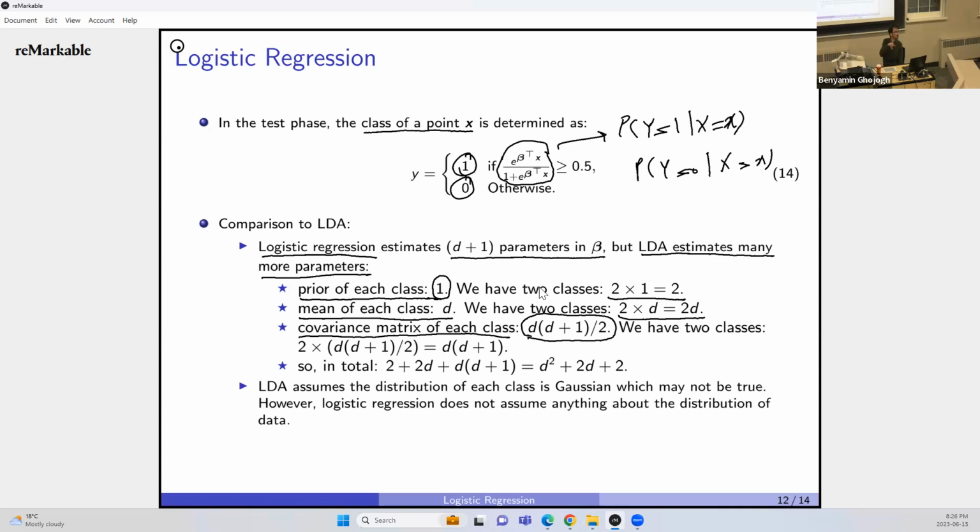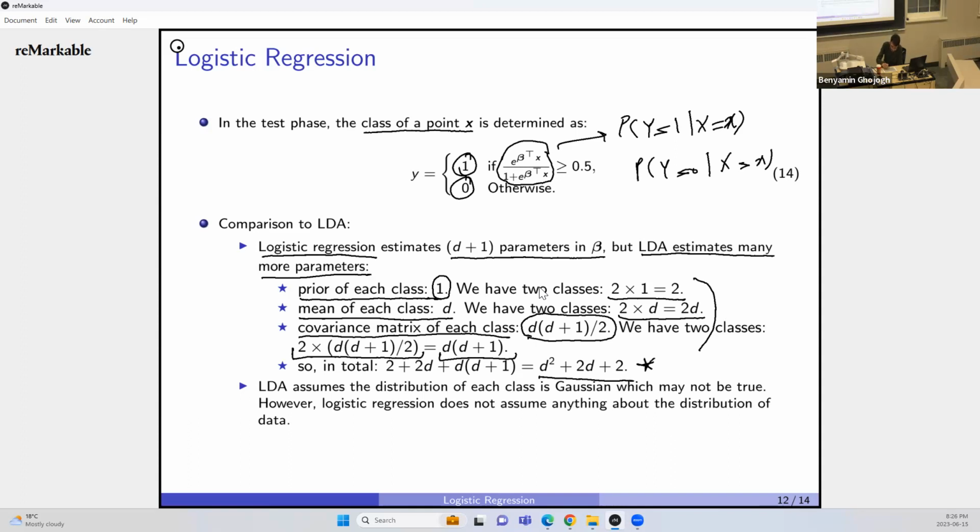Why? Because the covariance matrix is symmetric, so we don't need one of the half triangles of the matrix. We have 2 of them, so 2 times d times d plus 1 over 2 becomes d times d plus 1. If you sum all of these values, it becomes d squared plus 2d plus 2.